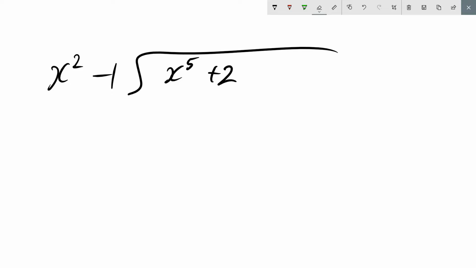Again, I don't want to be awkwardly shifting it this way, making collecting like terms more difficult than it actually needs to be. So, to help with that, I will put a 0x term here, and I will add an x squared here, and I will do the same here.